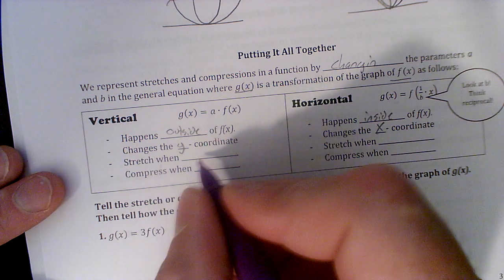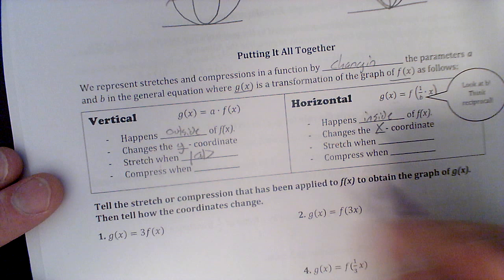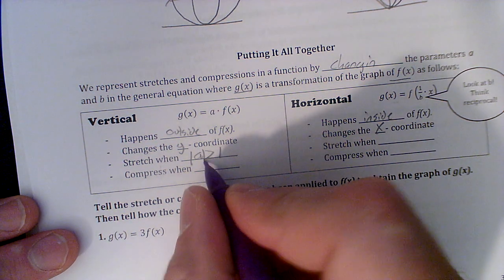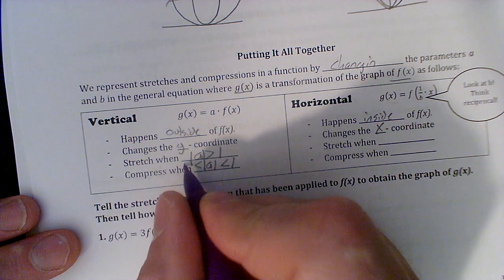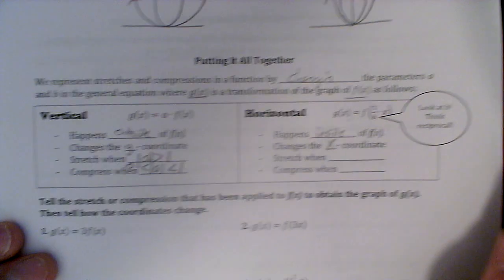Alright, it's a stretch when a is greater, we'll say the absolute value of a, because that'll come into play later, is greater than 1. It's a compression when the absolute value of a is less than 1 but greater than 0, which absolute value would imply that.